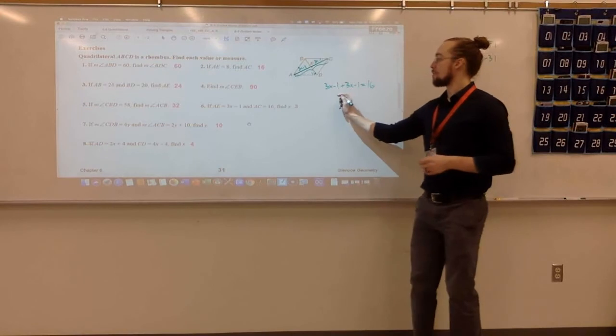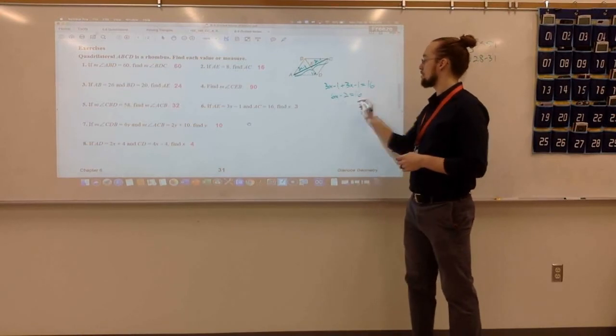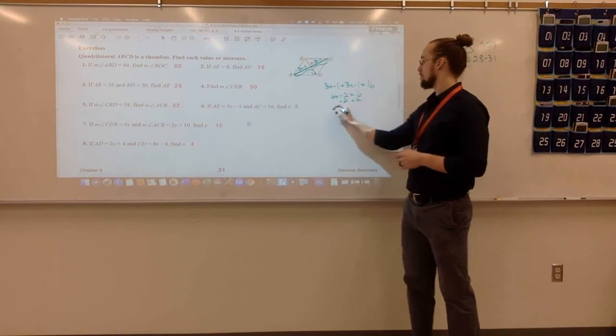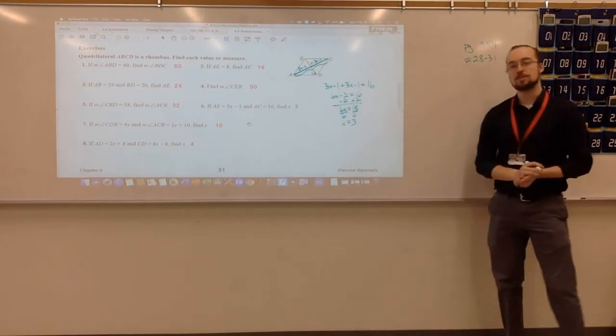Combine my like terms, so that'll be 6x minus 2 equals 16. Add 2 over, 6x equals 18. Divide by 6, and we'll get x equals 3.